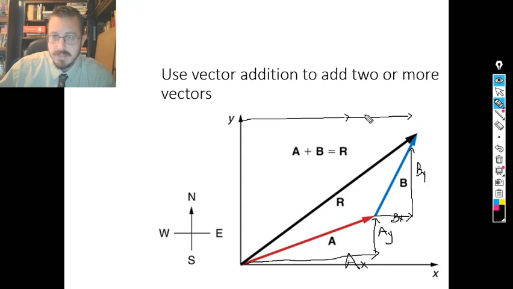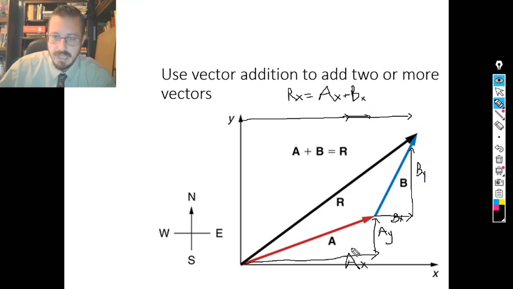I didn't line that up exactly perfectly, but you get the idea. Then Ax plus Bx is Rx. So the resultant x component is simply the sum of the x components of the individual vectors that we're adding. So Rx is Ax plus Bx.